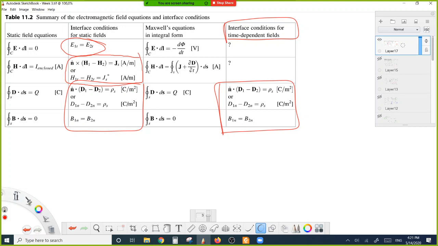What about in the case of time-dependent electric field and time-dependent magnetic field?